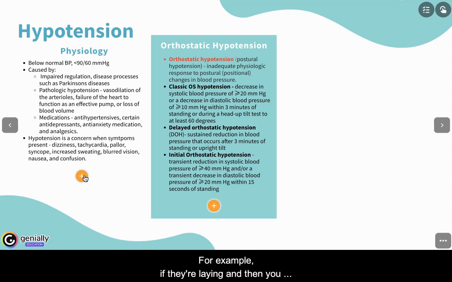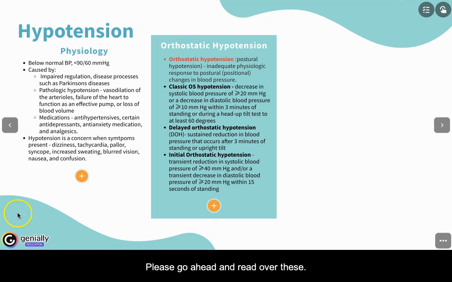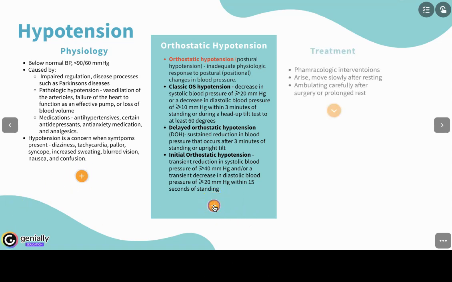For example, if they're laying and then you sit them up and their systolic drops more than 20 or the diastolic drops more than 10, that's classic hypotension. Delayed orthostatic hypotension and initial orthostatic hypotension have different parameters. Please go ahead and read over these.